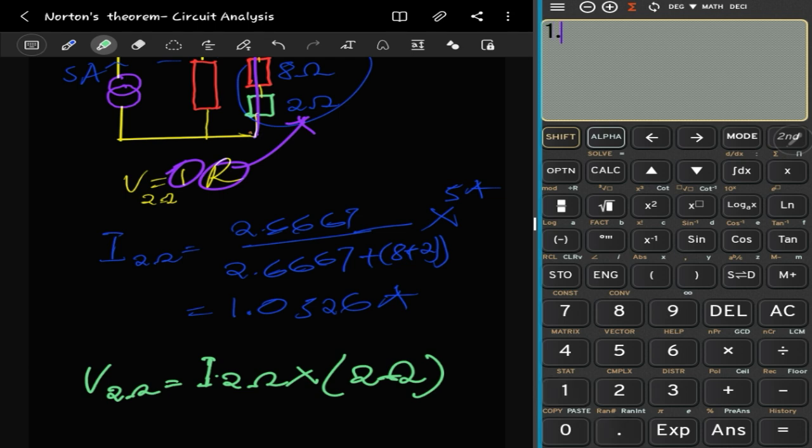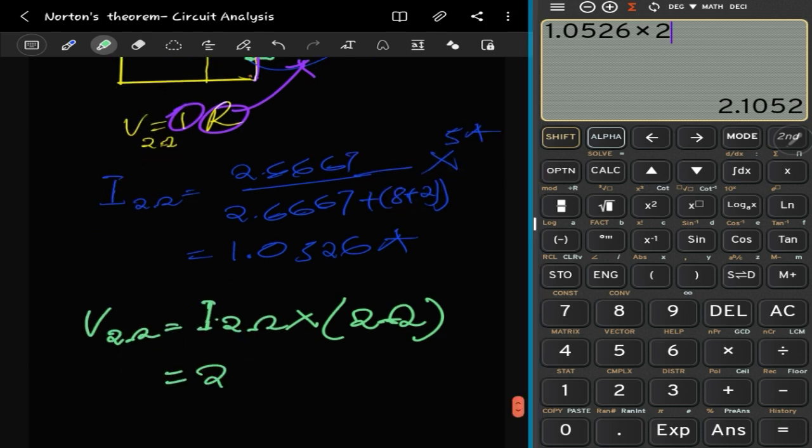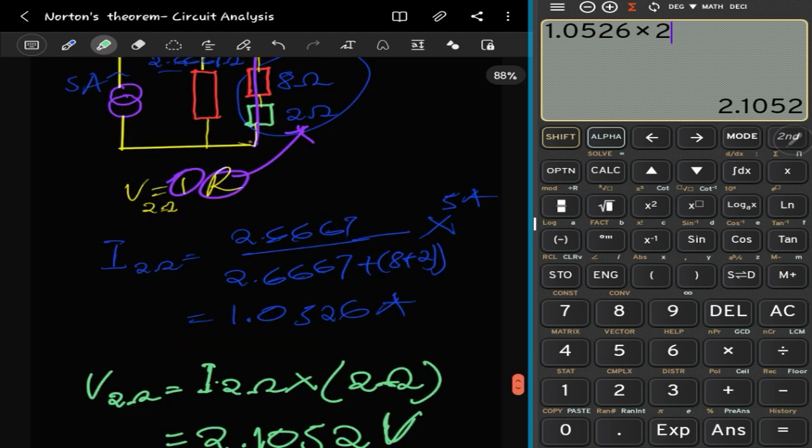So that's 1.0526, right, times the 2, and that gives us a voltage of 2.1052 volts. So this is the voltage across the 2 ohms resistor using Norton's theorem.